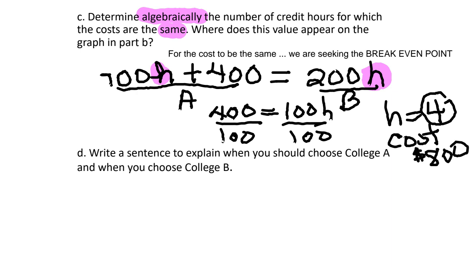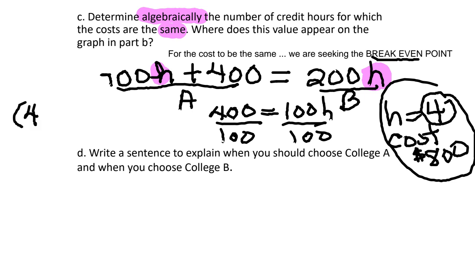So where does the value appear on the graph? It's the break-even point. It is 4 units with a cost of $800. And remember I was saying it was 4? Well, I was kind of already telling you that the intersection is 4. But the cost was $800.